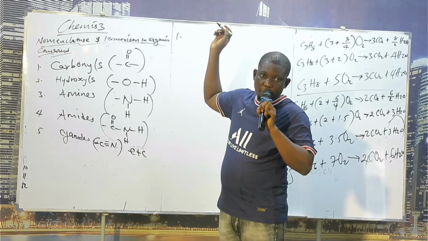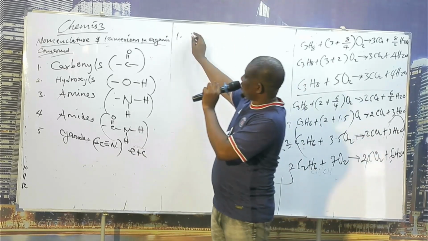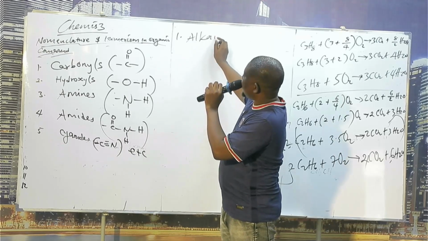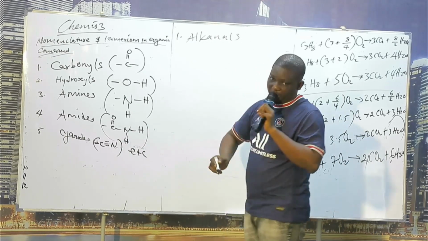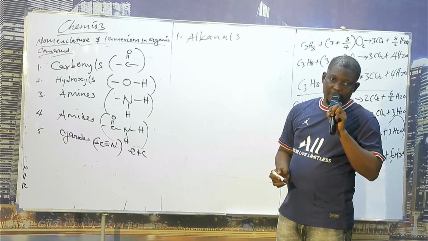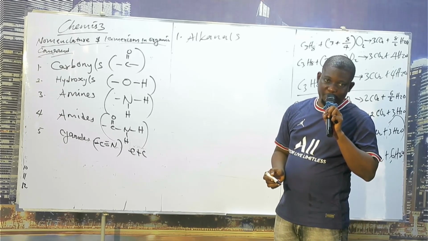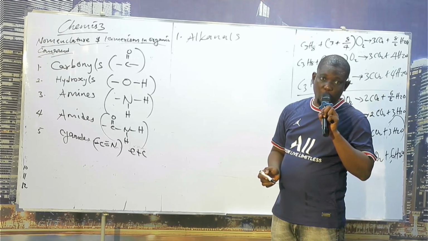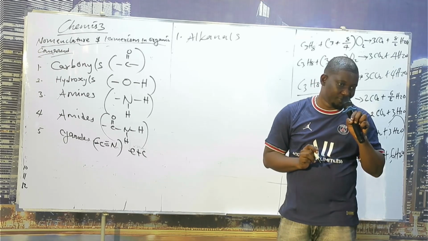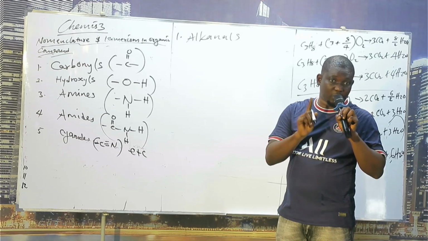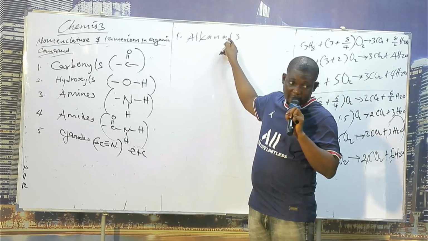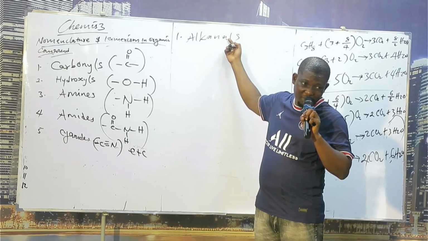Somebody mentioned alkanals. Alkanal is a carbonyl, but the carbonyl is linked to a hydrogen atom. A carbonyl with a hydrogen atom in it is called alkanal. Are you with me?